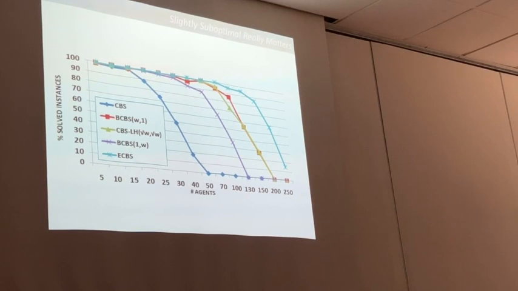One question. Did you try maps that are more open or less open, and how does it compare in those cases? Because I know those Dragon Age maps. That's a good question. We have it in the paper.